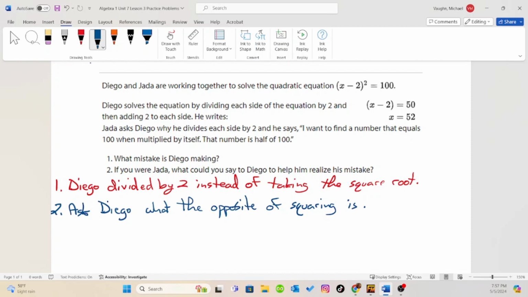Or ask Diego if the opposite of multiplying a number by itself is dividing by 2.